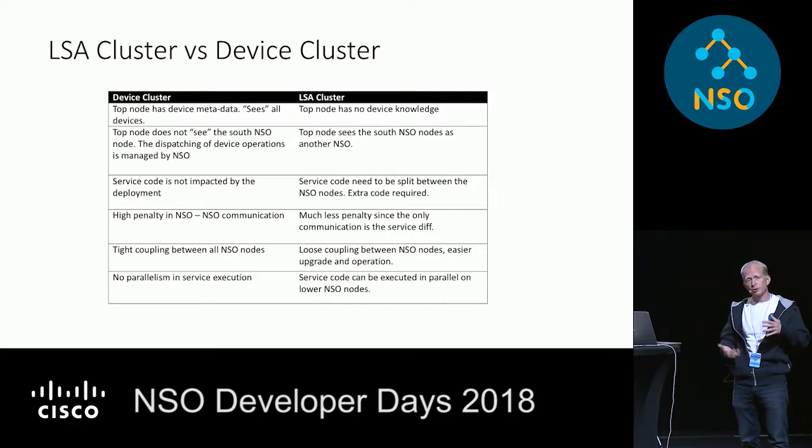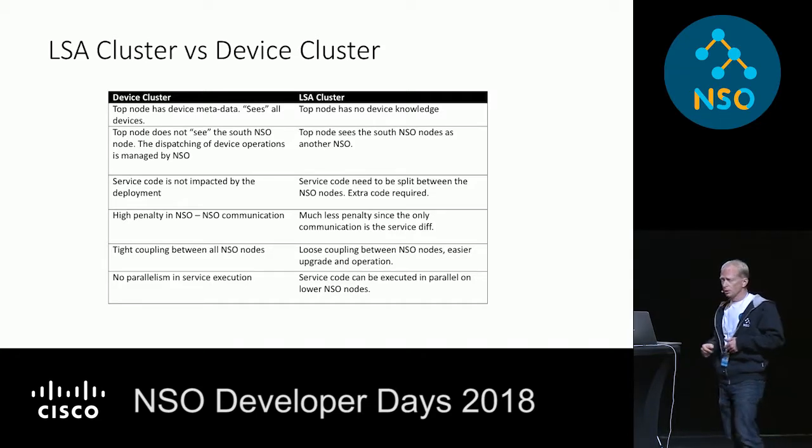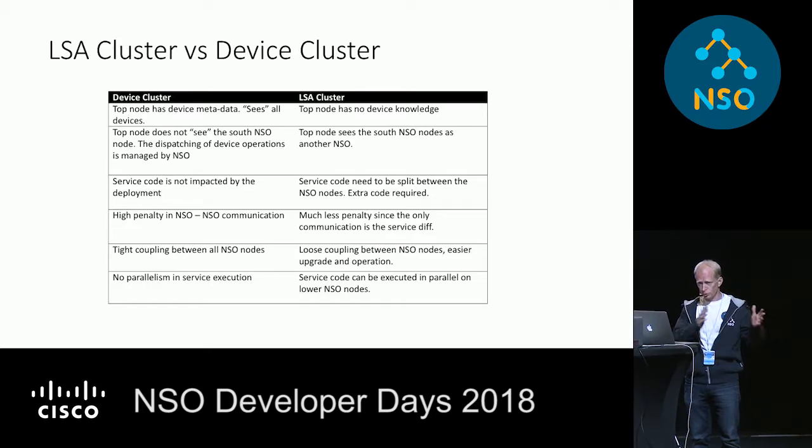So you can upgrade the lower node as long as you keep the same northbound interface. Your service interface doesn't necessarily have to be the same, but it must be backwards compatible. In that case, you can upgrade your lower node without upgrading your upper node, and vice versa. You can upgrade the upper node without necessarily touching the lower node, so you can do it in a rolling manner.